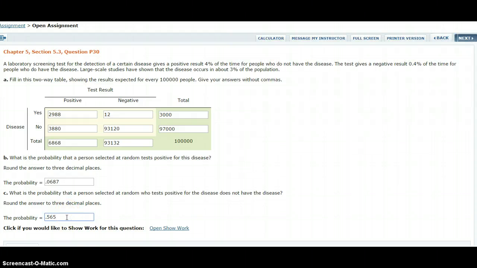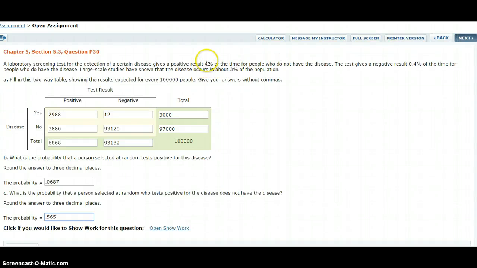Over 50%. So getting what that is, these are accurate tests. So 96% of the time, if you don't have it, it'll let you know that you don't have it. 0.4% of the time, in other words, 99.6% of the time, if you do have the disease, it'll let you know that you have the disease. So we're not talking about an inaccurate test here.